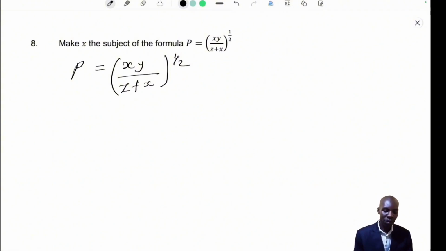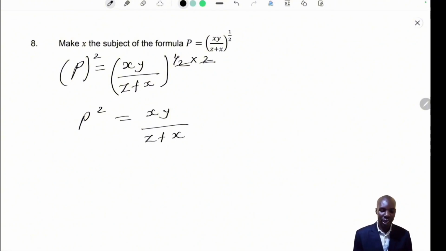If I square both sides, I'll do away with the one half, so I'll have p squared is equal to x y over z plus x.